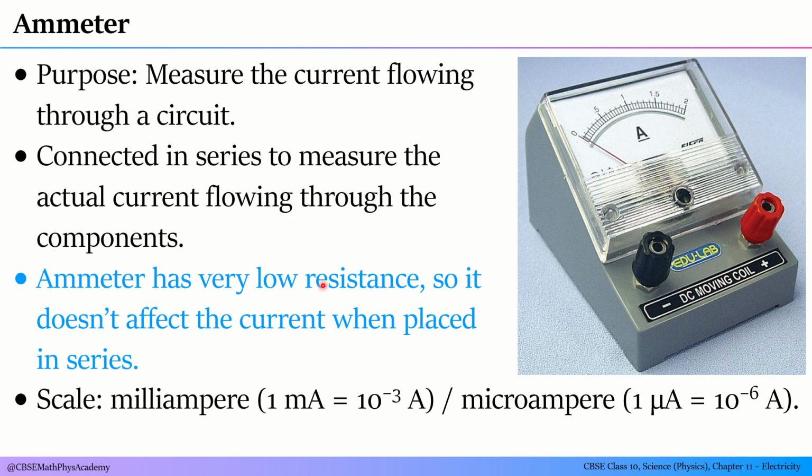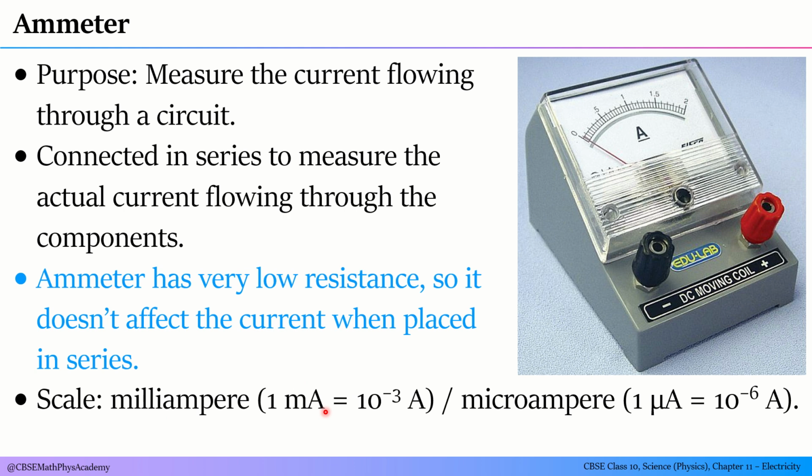So the ammeter has a low resistance, so it doesn't affect the current when placed in series. This I will explain in the next image where I have a circuit diagram. The scale normally is in amperes. When there is a small current flowing, it could be in milliamperes. Note this milliampere symbol because there are problems which will give you something like 20 milliamperes.